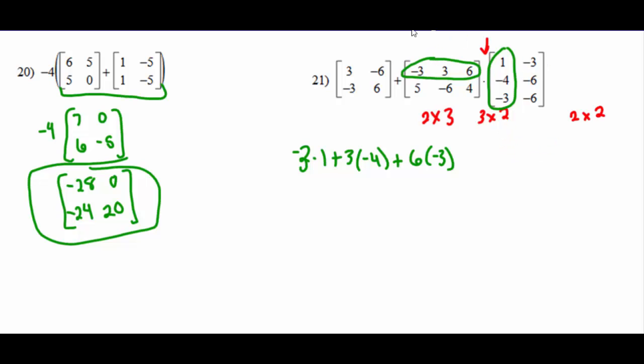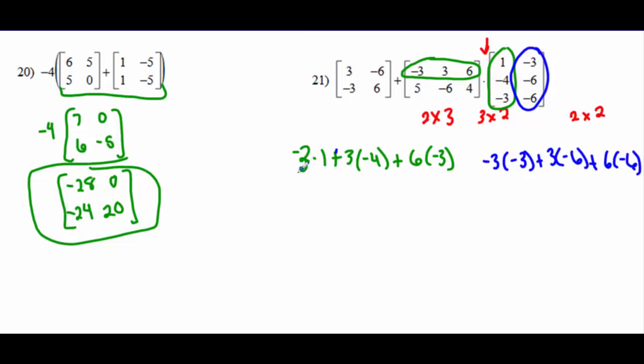Then we're going to do first row and second column. So -3 times -3, 3 times -6, and then 6 times -6. Then we'll do the bottom the same way. So see if you can maybe do those on your own, like pause the video and see how it goes, so you know if you've got this right or not.